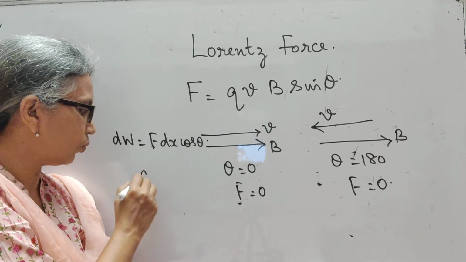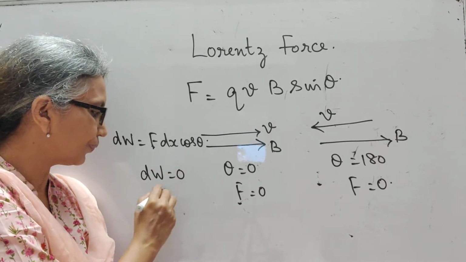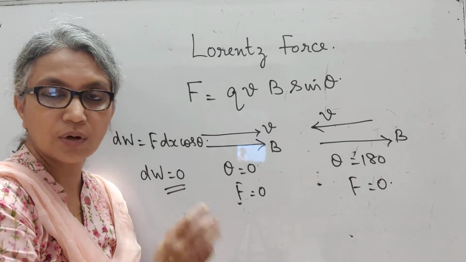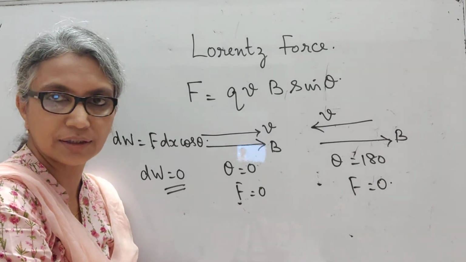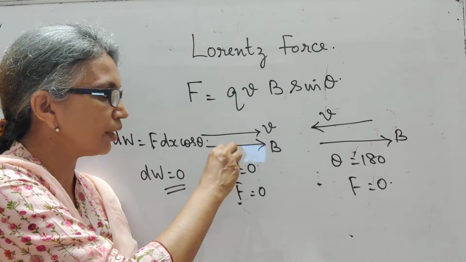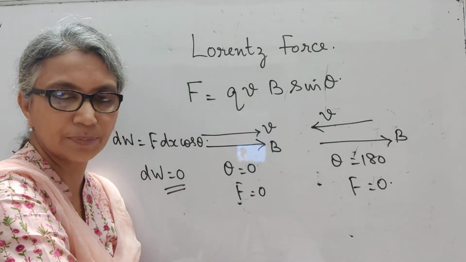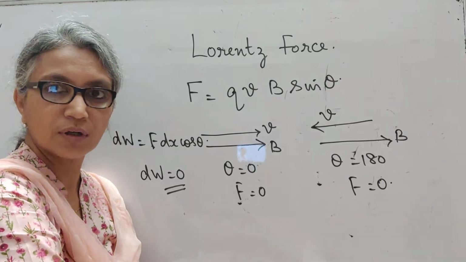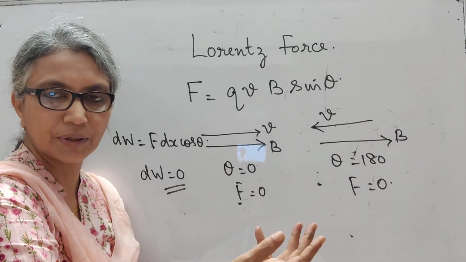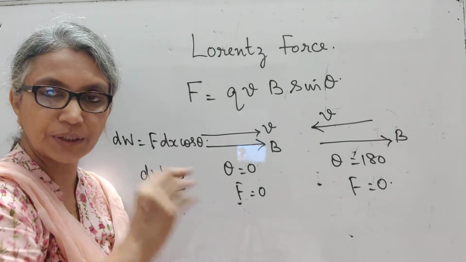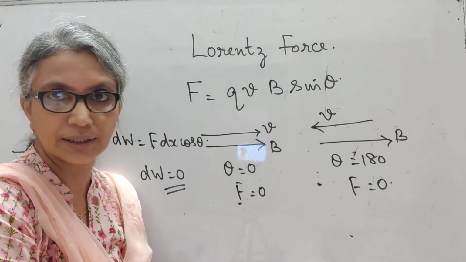When F is 0, work done is 0. Now you have learned in 11th standard, work done is equal to change in kinetic energy. So as this particle enters with its velocity parallel or anti-parallel to the magnetic field, there is no force acting on the particle, and therefore there is no work done on the particle, which means there is no change in kinetic energy.